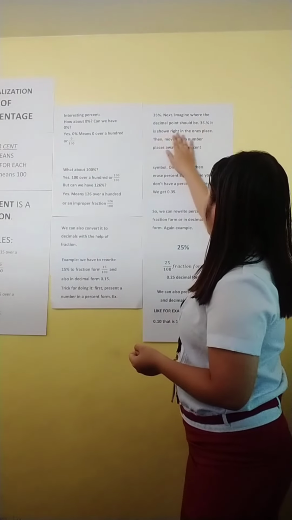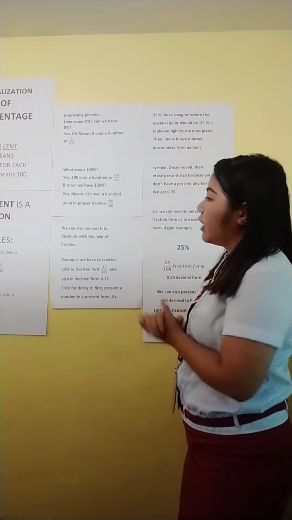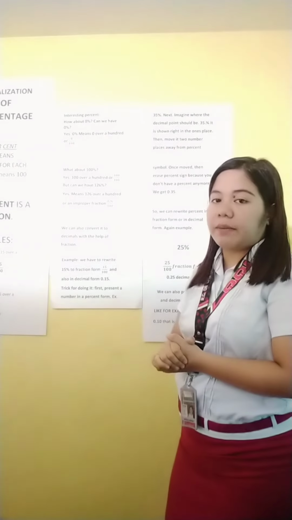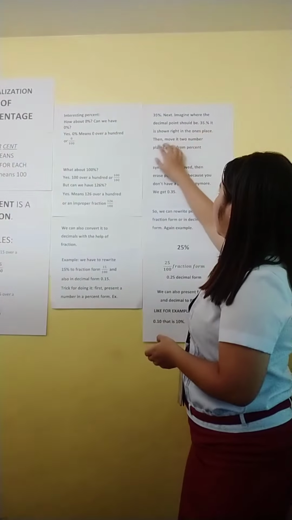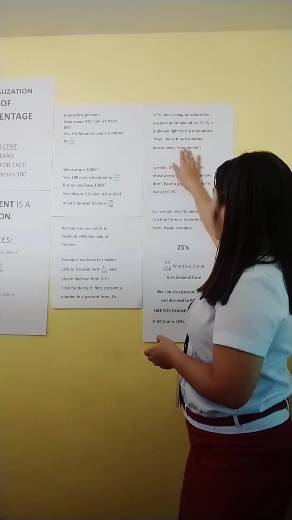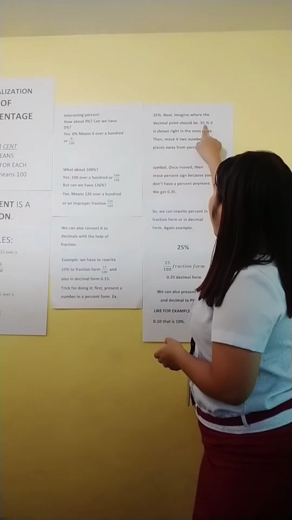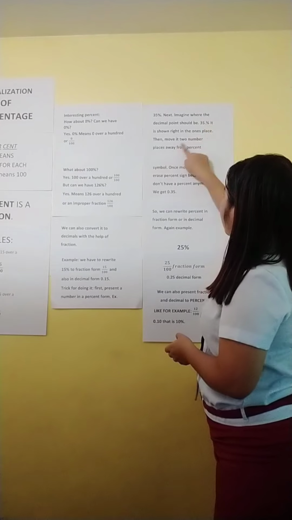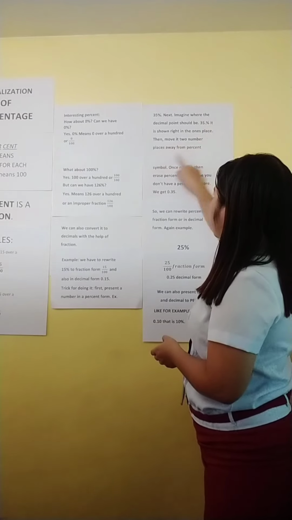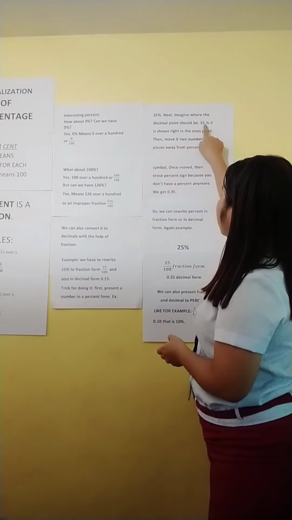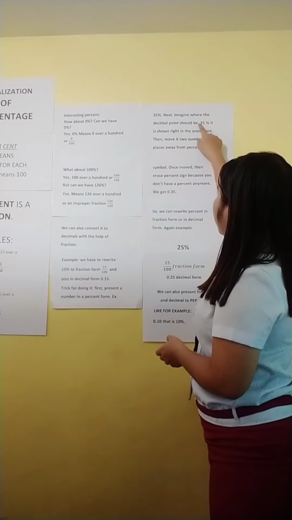It is shown right in the ones place. Then move it 2 number places away from the percent symbol. So starting here, 1, 2.